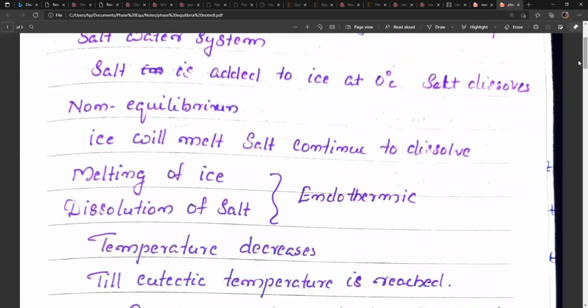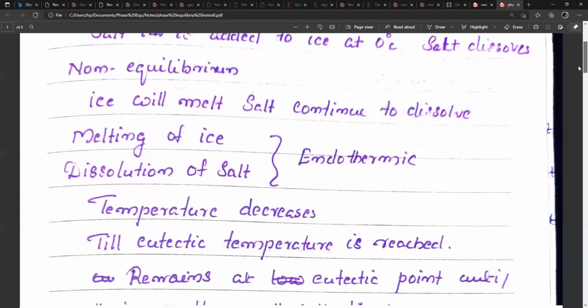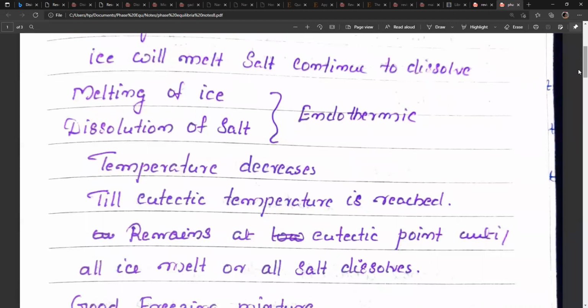So there are two processes, melting of ice and dissolution of salt, taking place simultaneously, and both these processes are endothermic. So the temperature of the system decreases due to these two endothermic processes, and this temperature decrease continues till the eutectic temperature of the salt water system is reached.